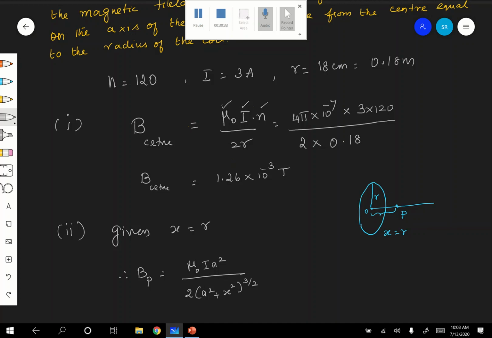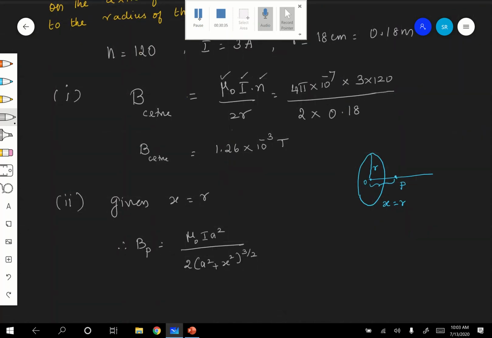Are you following? That is equal to mu naught I a squared. A is r, right? Here radius is given as r, therefore see children, make this r and this also r. Sometimes it is r, sometimes it is a, whatever is given. Therefore it is r squared plus x squared the whole power 3 by 2.